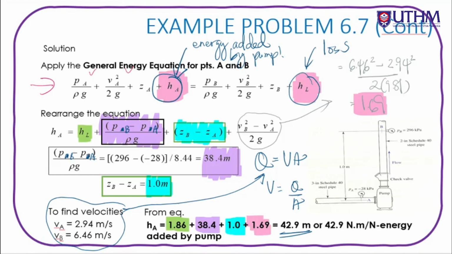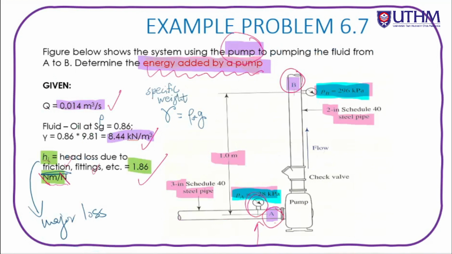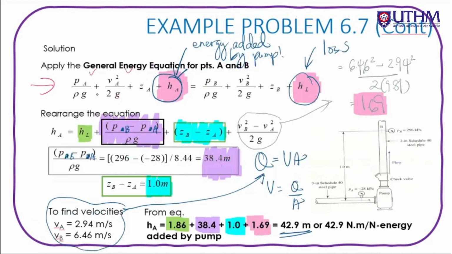Okay, so HL ni is given actually, kan? HL is given equals to 1.86. Right, so HA, kita rearrange balik semua ni, kita akan dapat HA equals to HL plus PB minus PA over rho G plus ZB minus ZA plus VB squared minus VA squared over 2G.